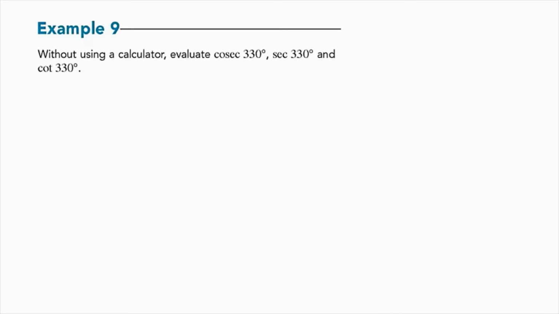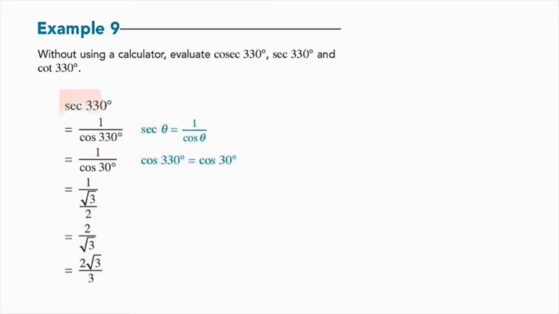What about secant 330 degrees? Secant 330 degrees is the reciprocal of cosine, so we'll replace it as 1 over cosine 330. For cosine 330, the reference angle gives cosine 30 degrees, and in the 4th quadrant it's positive.